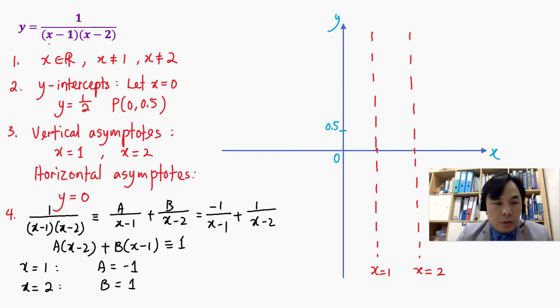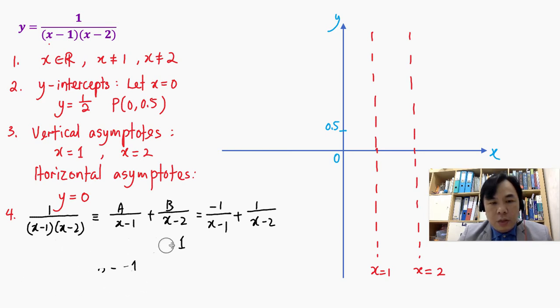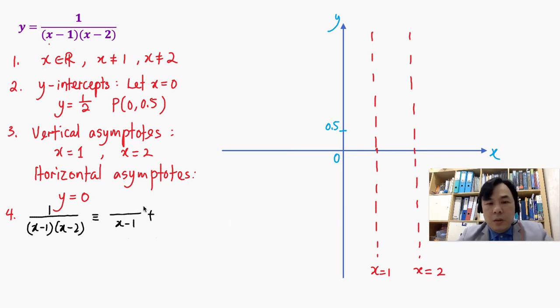Now I'm going to erase off the sections that I don't really need here. Okay, just to recap, and then I'm going to finalize this directly without writing it too much. So this one can be written as negative 1 over x minus 1 plus 1 over x minus 2 here.